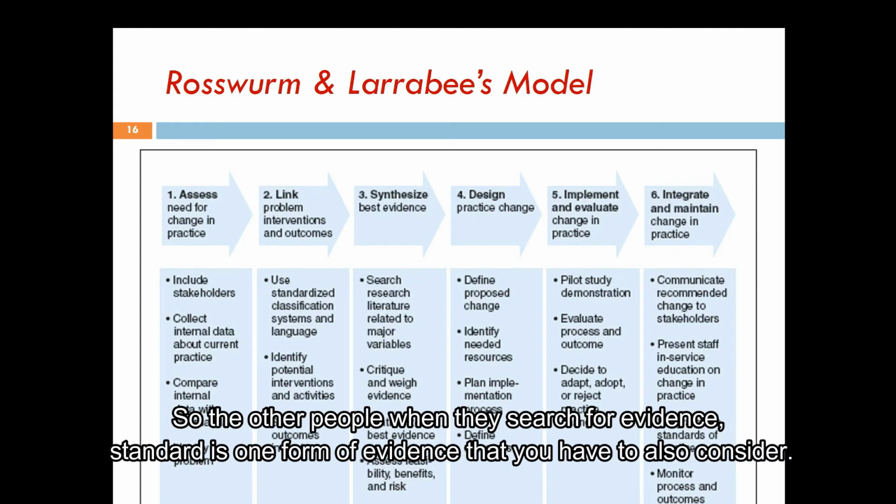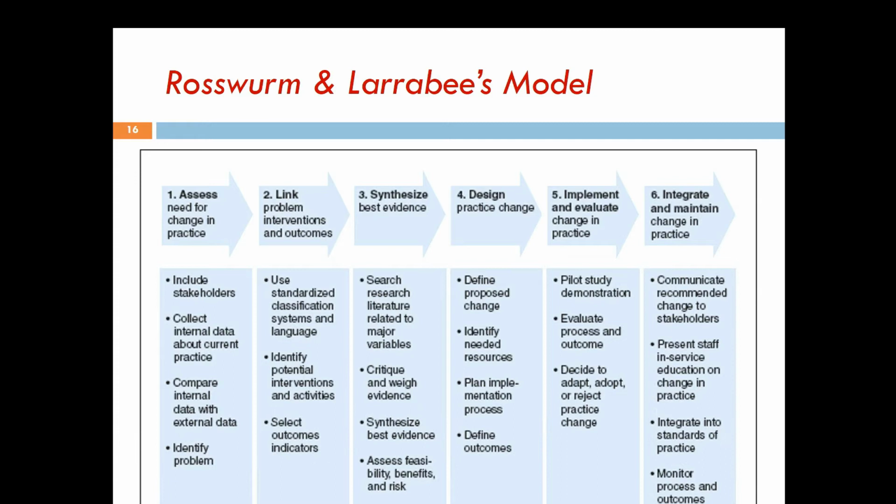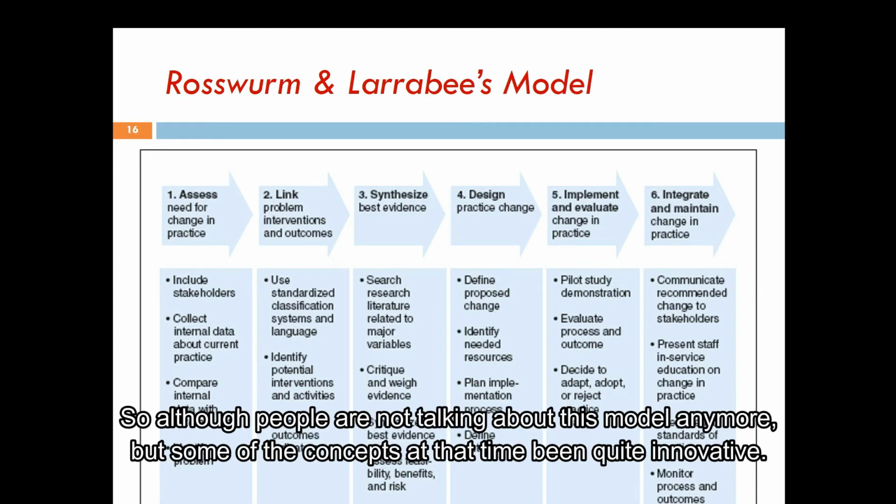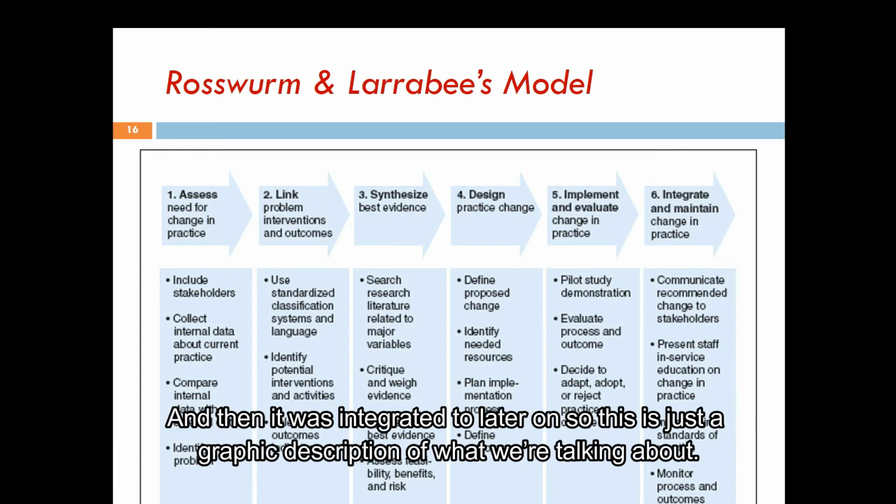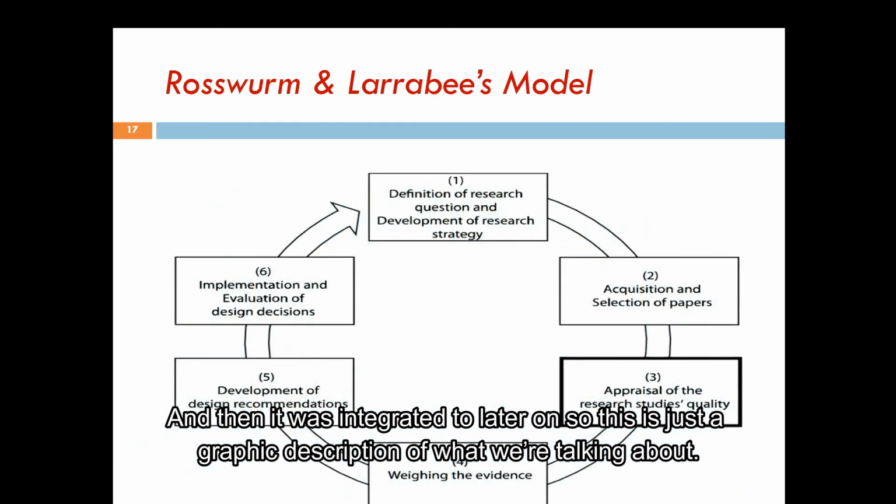So when other people search for evidence, standards is one form of evidence that you have to also consider, okay? And monitor the process and outcome. Although people are not talking about this model anymore, some of the concepts at that time were quite innovative, and were integrated later on.